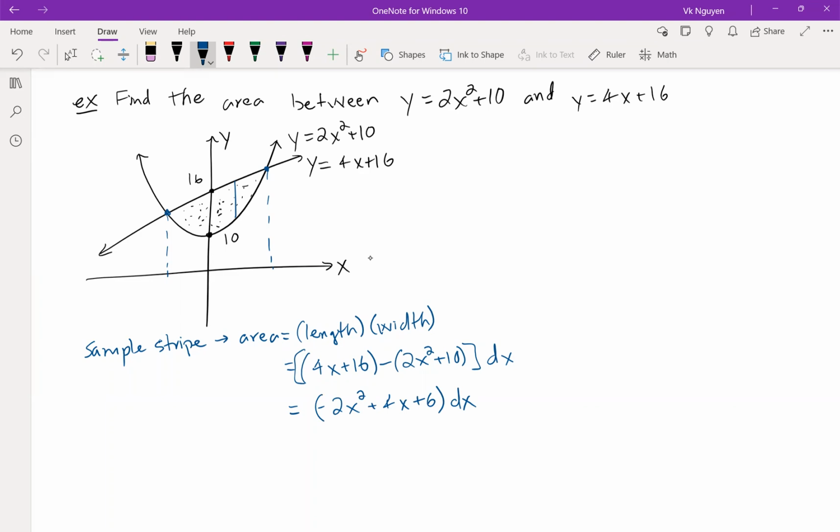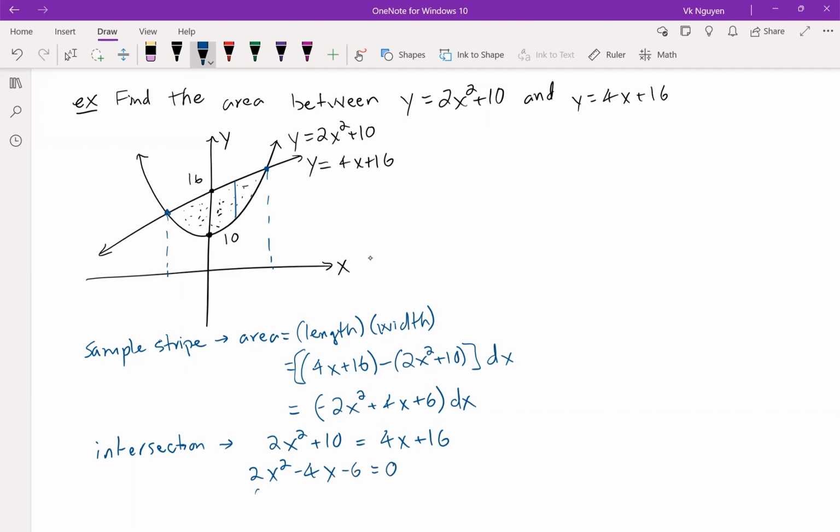Okay. Next step is we want to figure out the intersection. So intersection. Set them equal: 2x squared plus 10 equals 4x plus 16. So 2x squared minus 4x minus 6 equals 0.